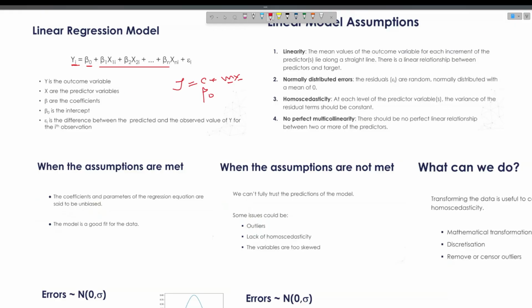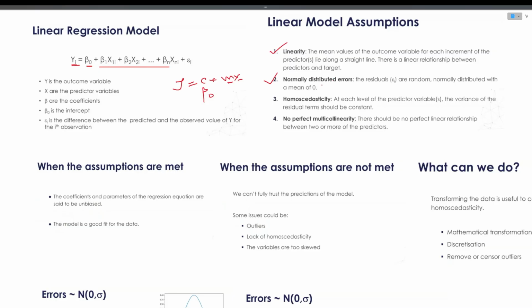Now, there are some assumptions in linear models. The model assumes the outcome variable for each increment of the predictor lies along a straight line; there is a linear relationship between predictors and target, where the target is y and x is our predictor.